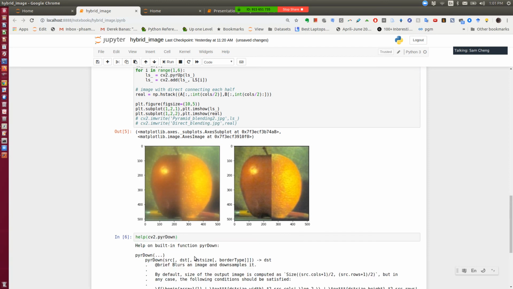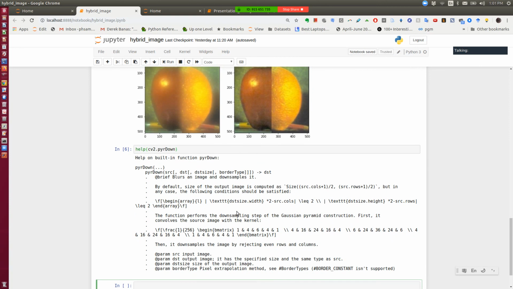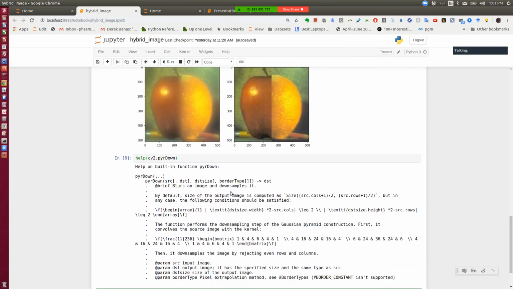Pyramid down. Yeah, it has some of these. I think you can control the border, but I don't think you can control anything else. It just controls how you handle the border.